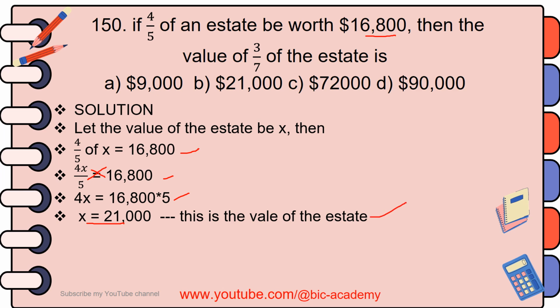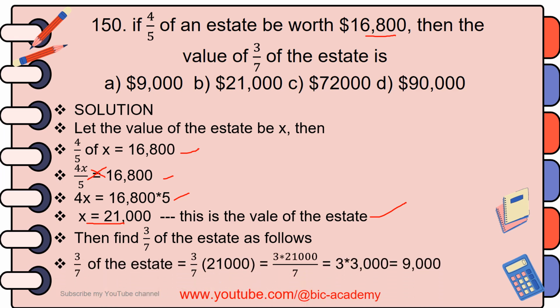Then what is required is 3/7 of the estate. The value of the estate is 21,000. So 3/7 of the estate's value is equal to 3/7 times 21,000.